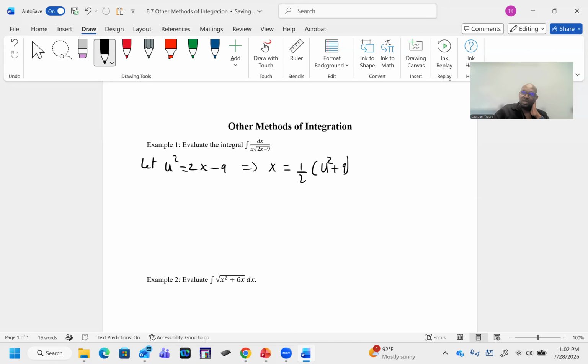And if u squared is 2x minus 9, then if you find the derivative, we'll have 2u du will be equal to 2 dx, which means dividing both sides by 2, u du will be equal to dx.